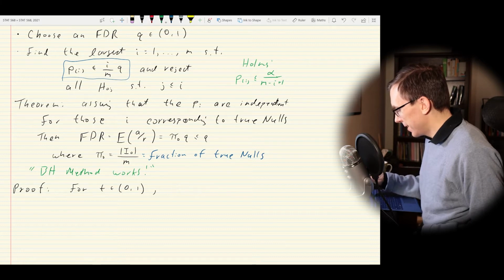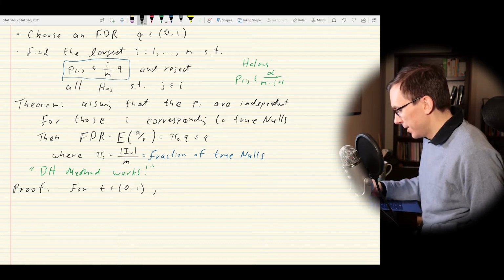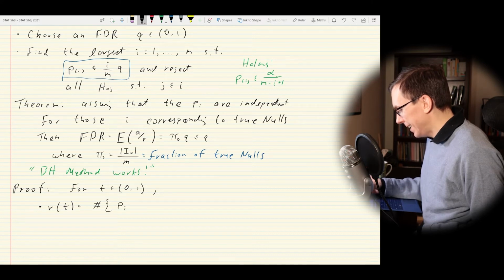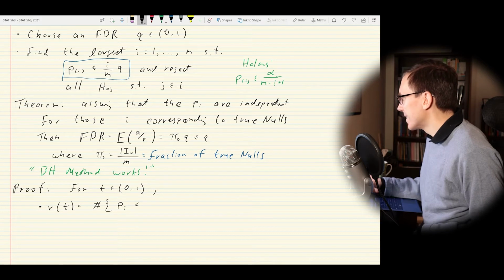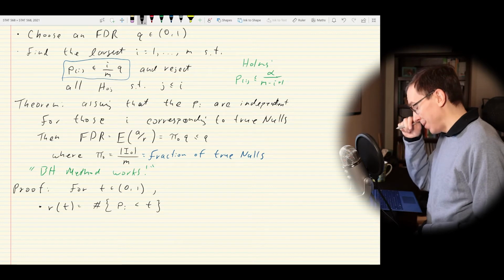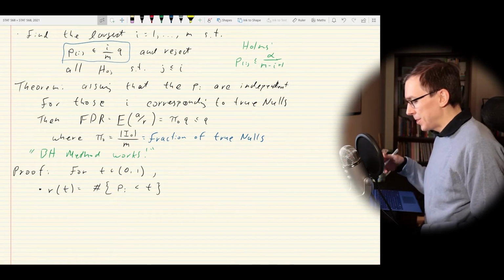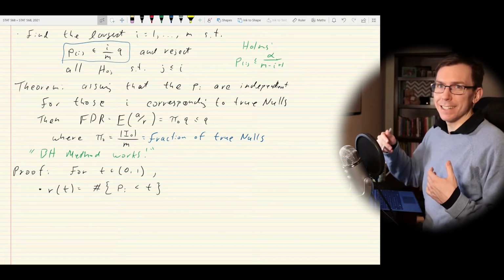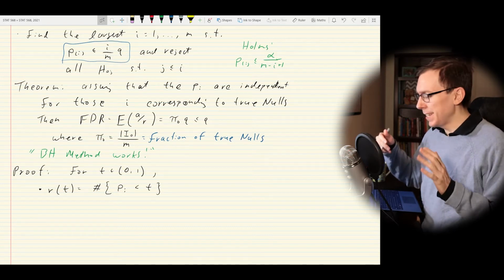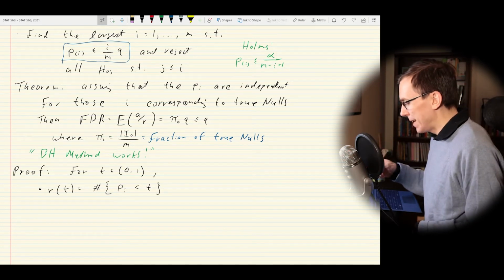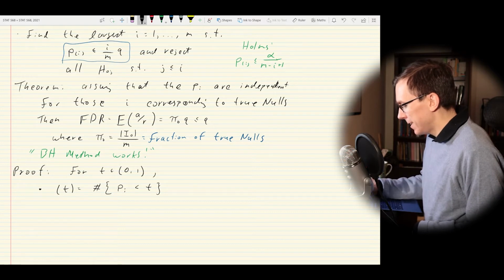So R_t is equal to the number of p_i that are less than t. It's not going to matter if it's less than or equal, since it's continuous, so we're probably fine. If I pick some value of t in 0, 1, I'm just counting how many p-values are less than t.